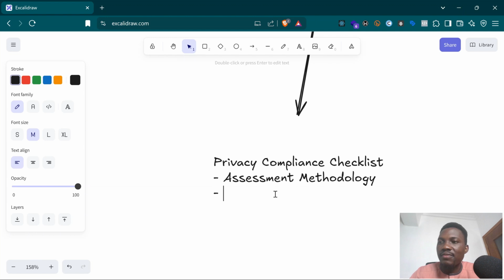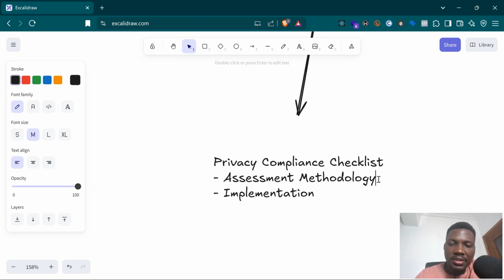Okay, you can then have implementation tool. And when we look at your assessment methodology, there are also a couple of things to consider. You're looking at your system inventory, data flow mapping, processing purpose evaluation, and also retention policy.